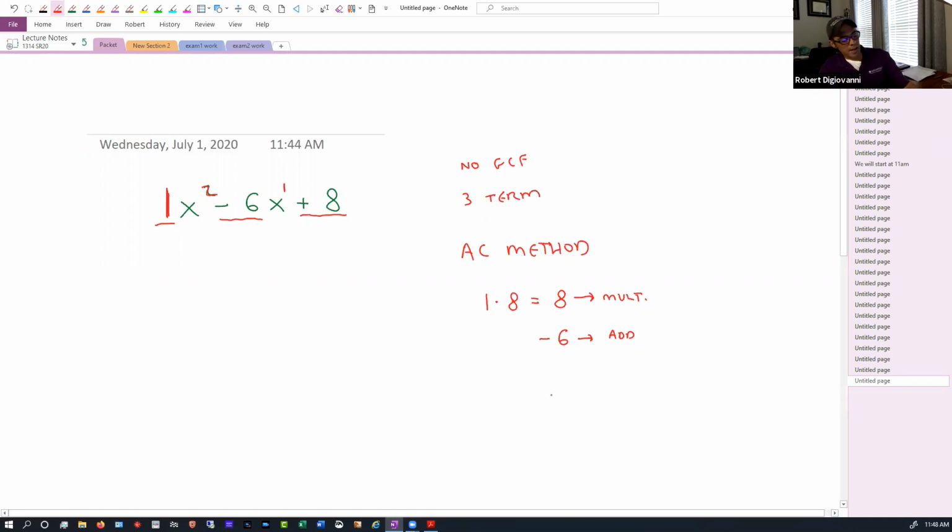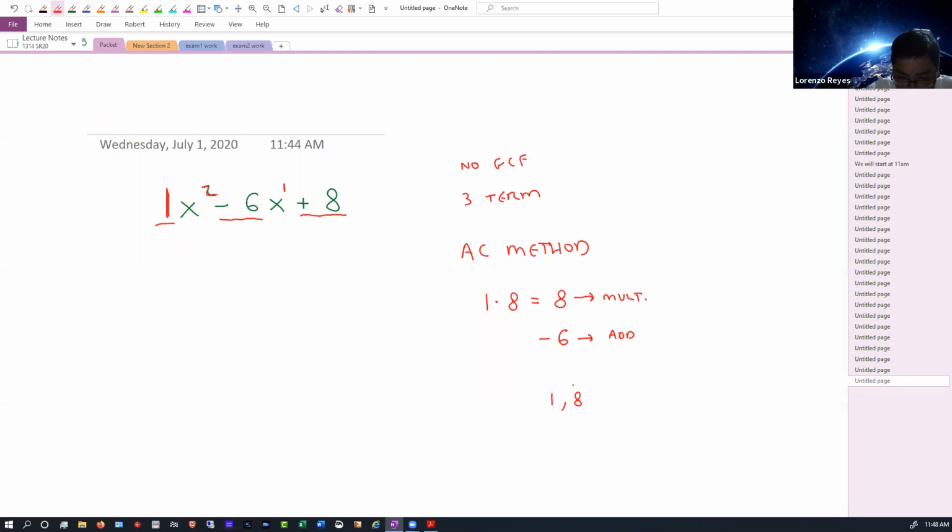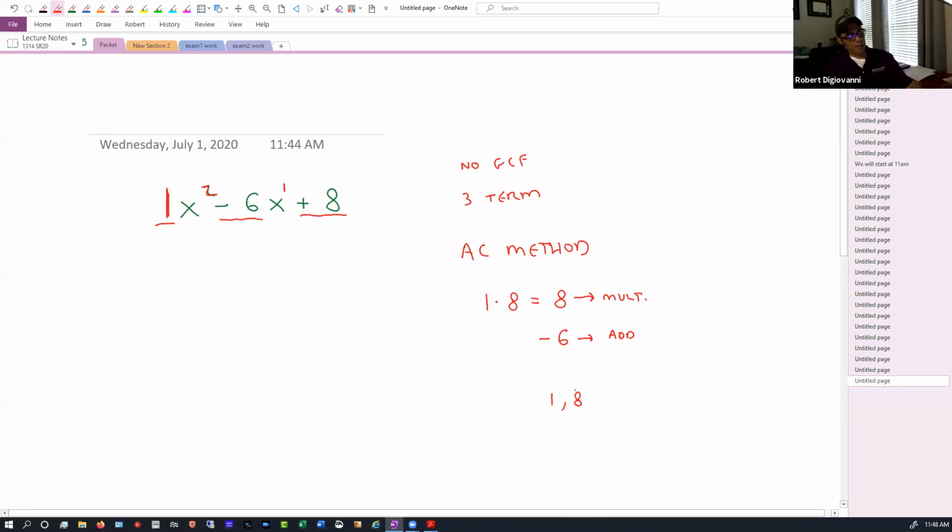So here's an example, the number 1 and the number 8. Do you agree that those 2 multiply to be 8? Yes. Okay, but do they add up to be negative 6? No, they don't. So it can't be 1 and 8.